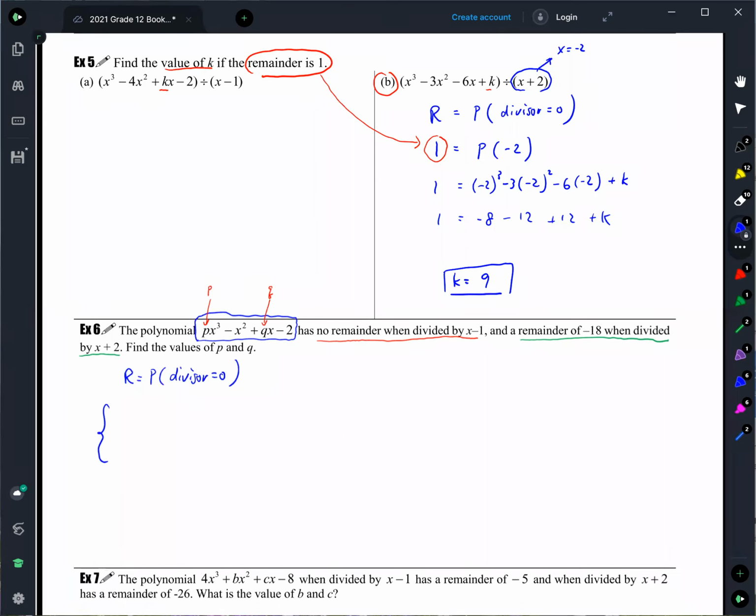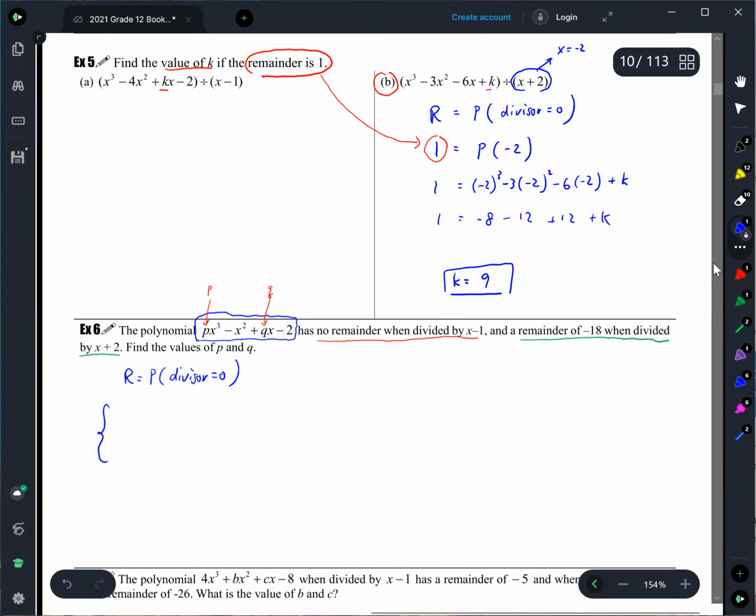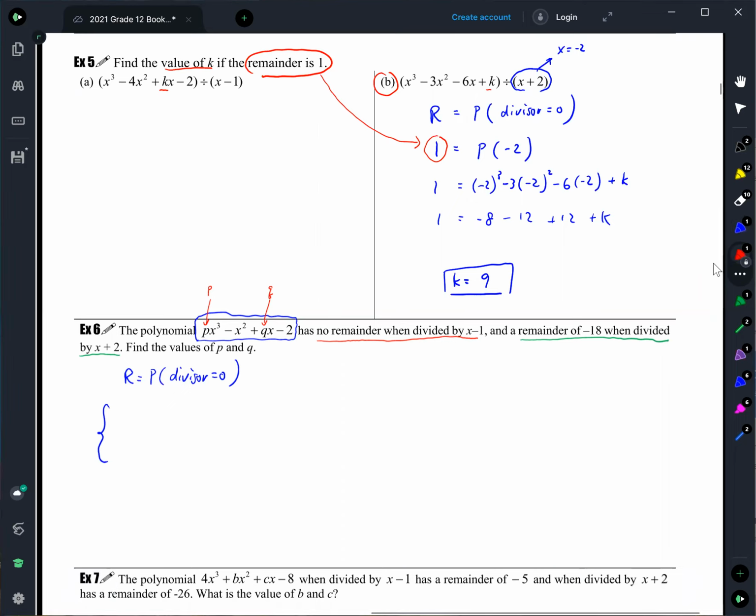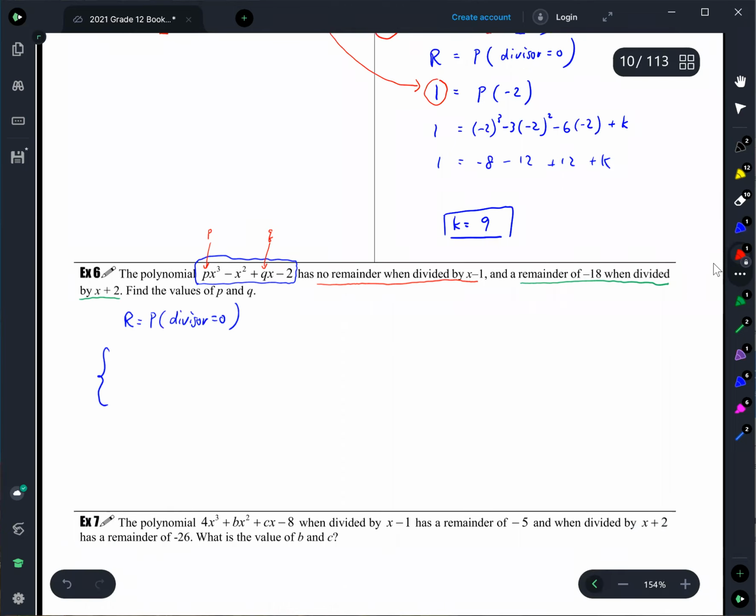All right, so for the first equation, what's the remainder, Angela? Well, look at the red underline.